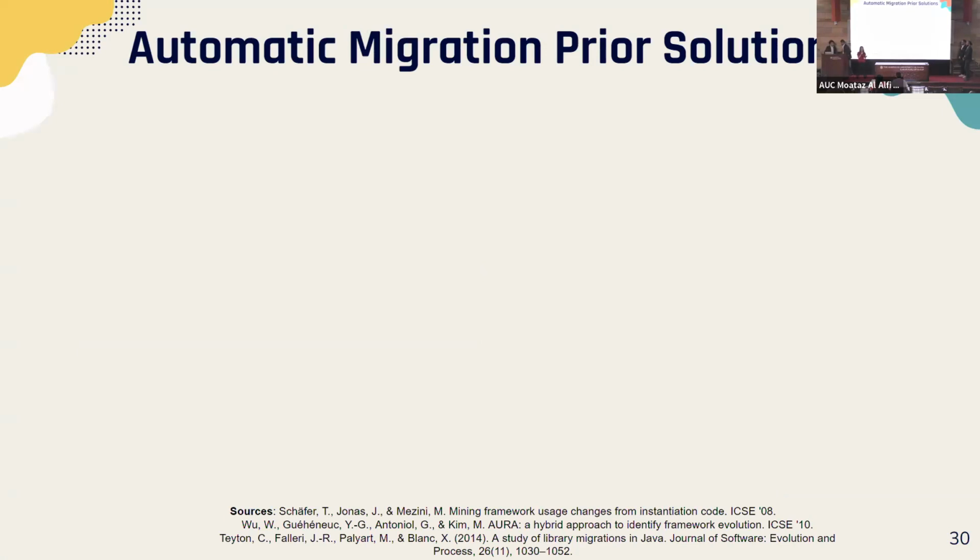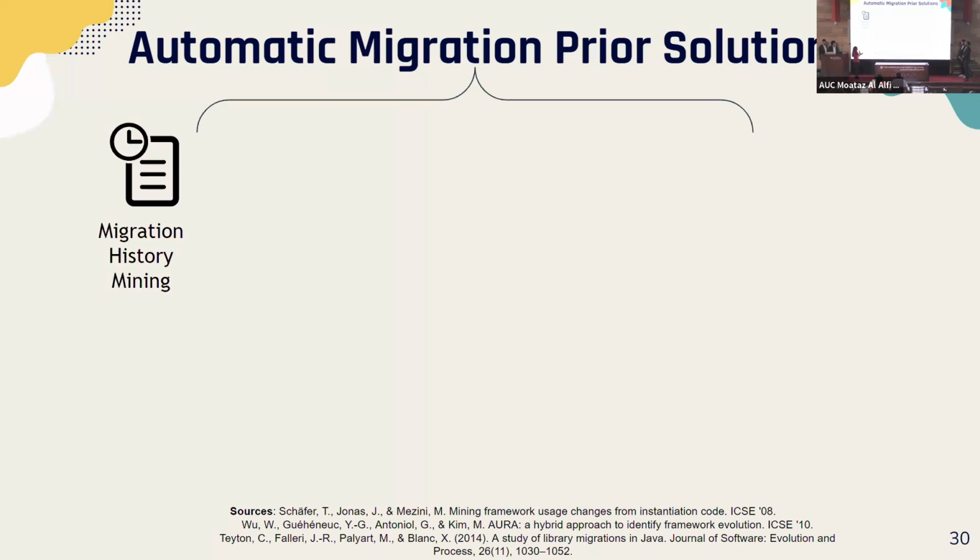Now we'll look at the prior solutions and how they actually helped us with our methodology. The first technique we found was migration history mining, which uses code bases that have already started to adopt a new language feature in order to find patterns. However, we don't have a lot of code bases that have been migrated to Loom, and therefore it wasn't really applicable in our case.